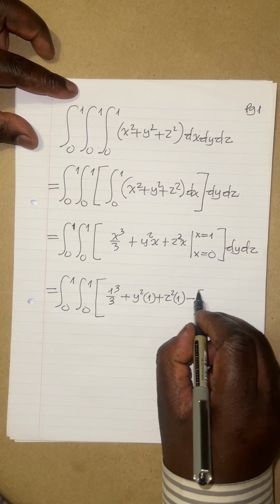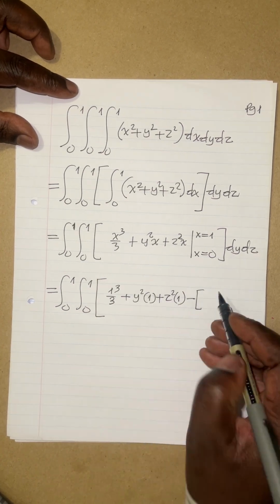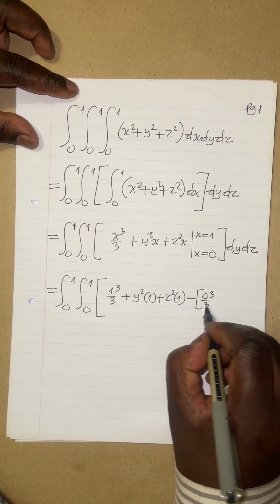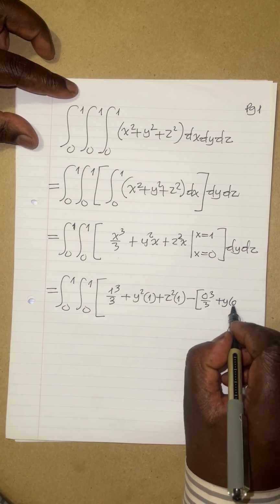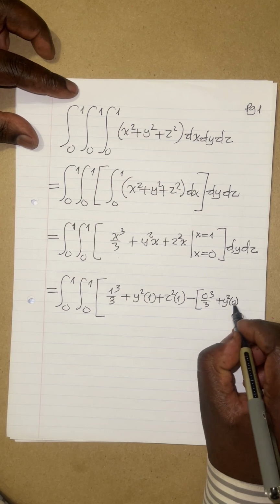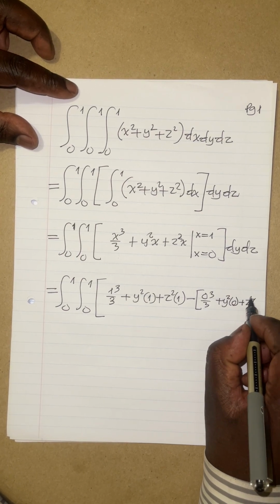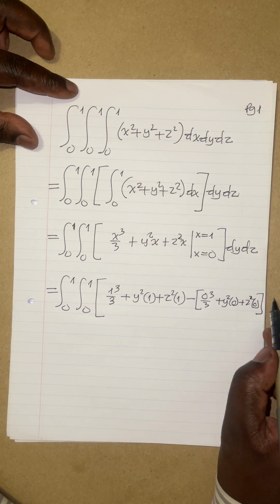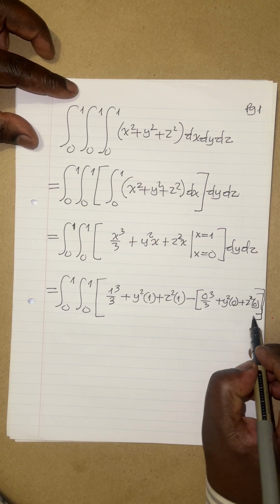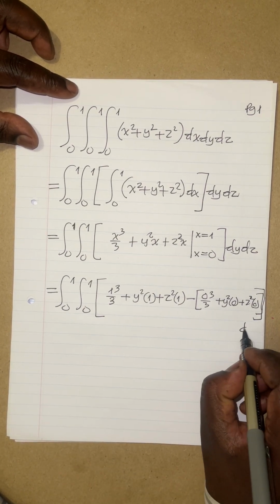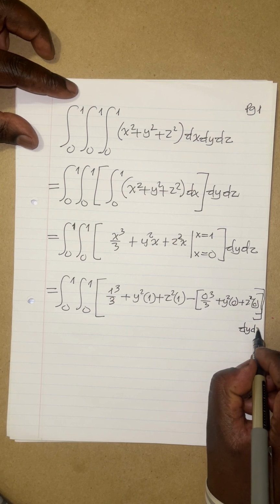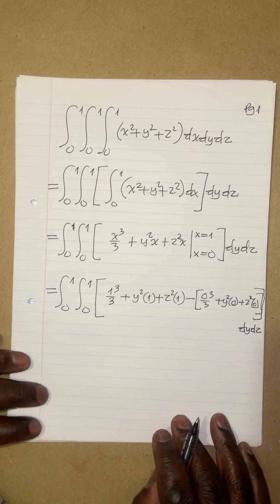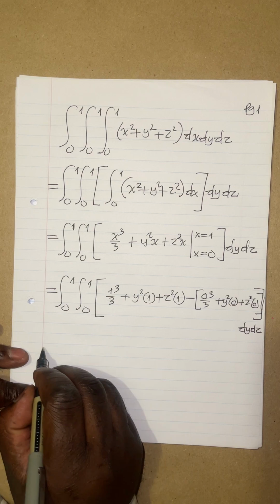And then we're going to say minus, and here we're putting 0 there: 0 cubed over 3 plus y squared times 0 plus z squared times 0. Then we close this, and we close the bigger bracket there, and we have dy dz outside there. Let's do the cleaning up.